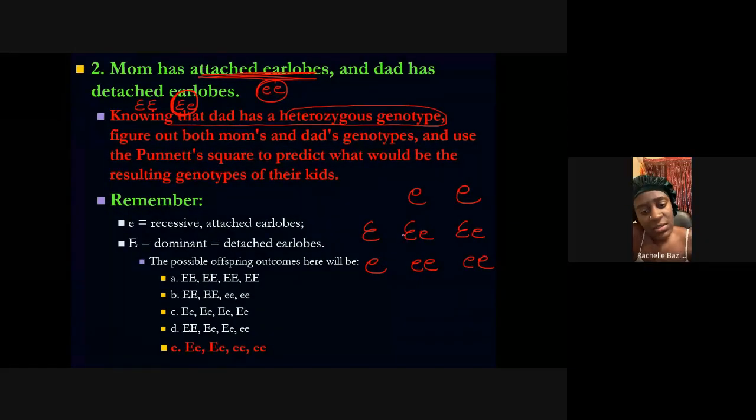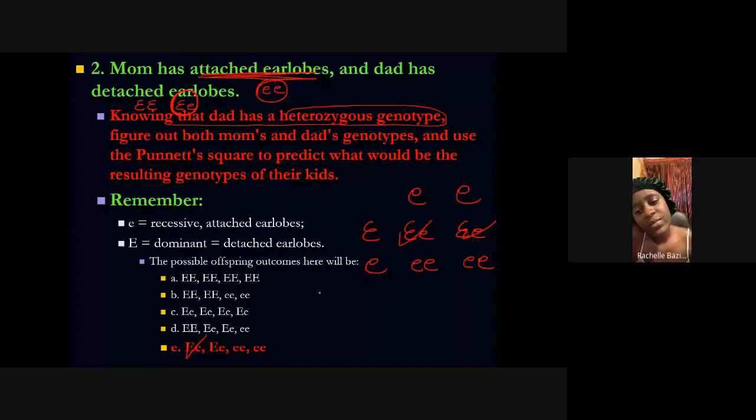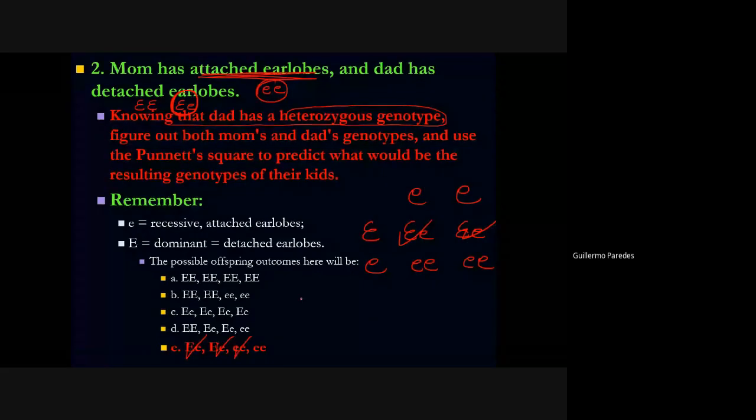Ee, capital lower, capital lower, capital lower, lower. That is the answer. But you need to remember the difference: if they say homozygous, you will select EE instead of Ee. Yes or no?